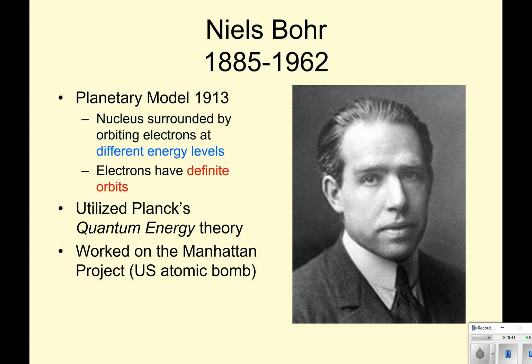And if we could direct that light through a prism, we can break up those lines or that color into different lines, which gives us this specific fingerprint for each element. And we'll learn about that in our next lesson. But the key here with the planetary model is the location, the specificity of where electrons are located. And they're now not only just in orbit around the nucleus, but in specific quantified energy levels.